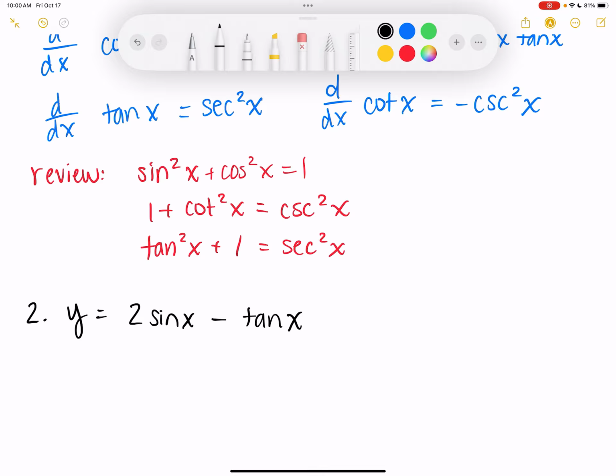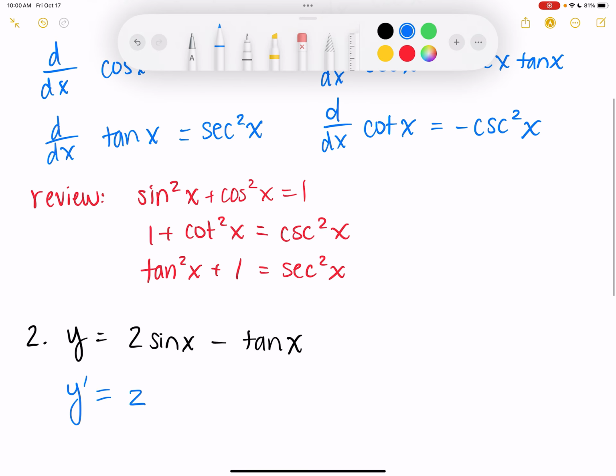It doesn't go away. So y prime is equal to 2 times the derivative of sine of x, which is cosine of x, so 2 cosine of x. And then the derivative of tangent is secant squared, so minus secant squared of x. And that's the answer for that one.